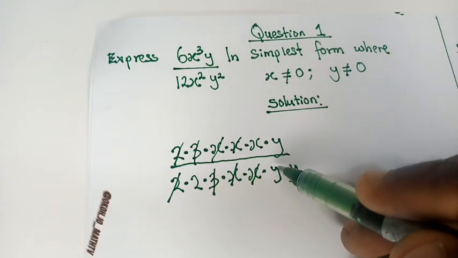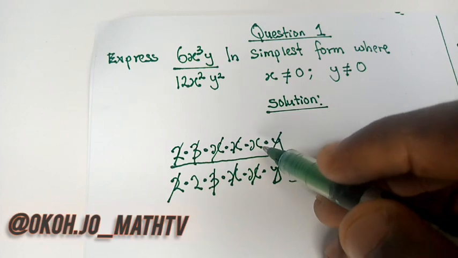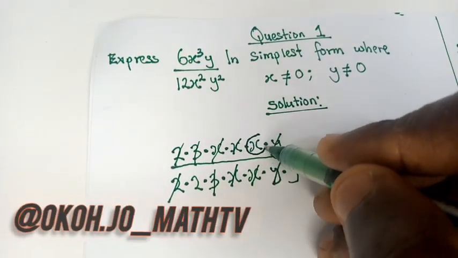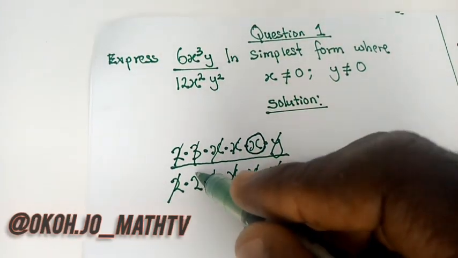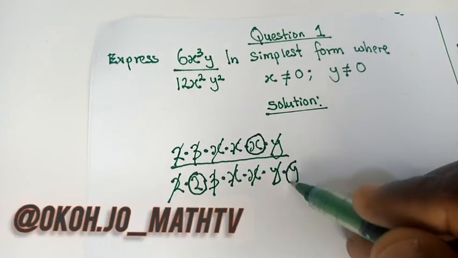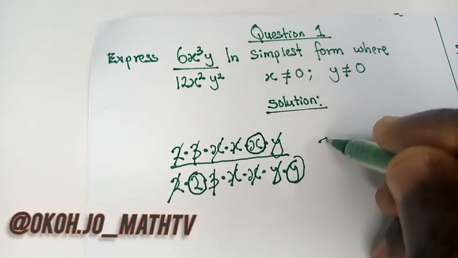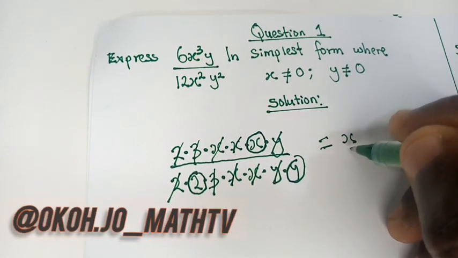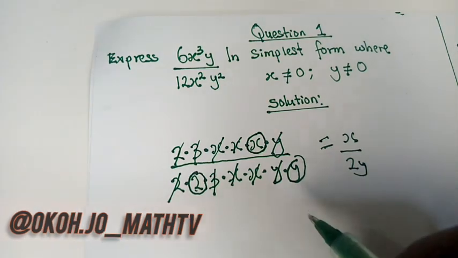So we have y here and we have y here. So when you look at this critically, what is left at the numerator is just this x. Is that okay? And what is left at the denominator is this 2 and this y. Is that okay? So with this, our answer is equal to x all over 2y, because 2 times y is 2y.